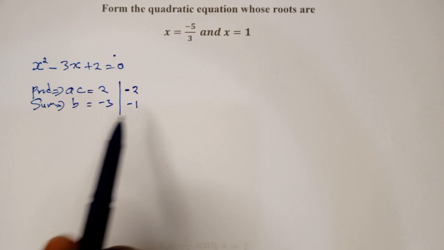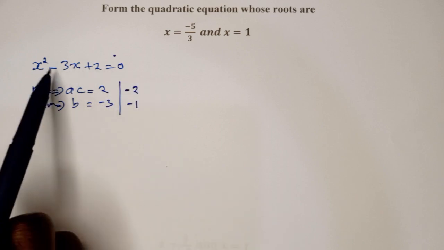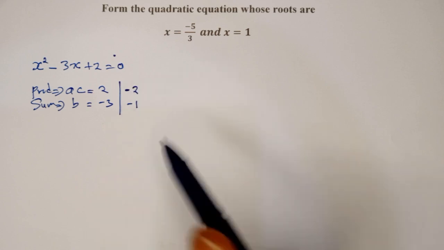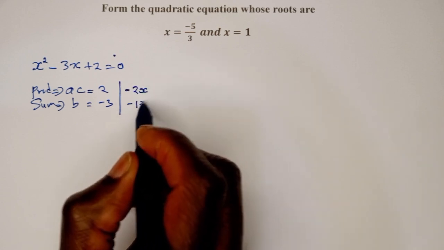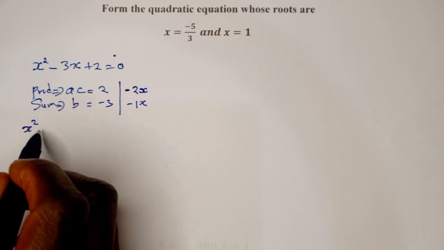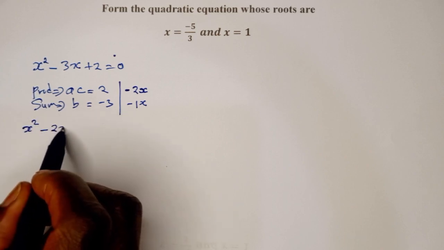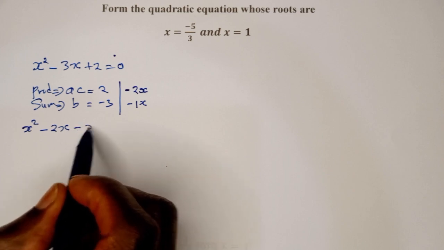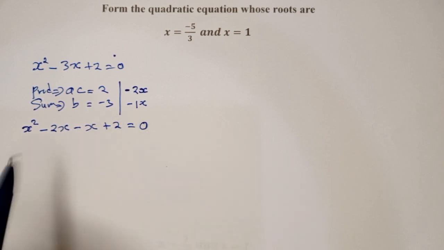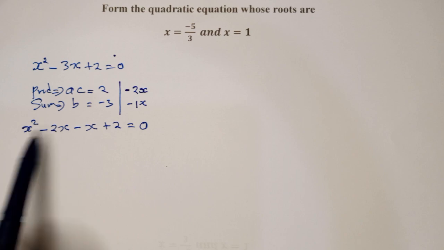And then we substitute these two values for these. So we remove negative 3x and put these two there, just remembering to add x. If you do that, you're going to have x squared minus 2x minus x plus 2 equals 0. Then we check what is common here.